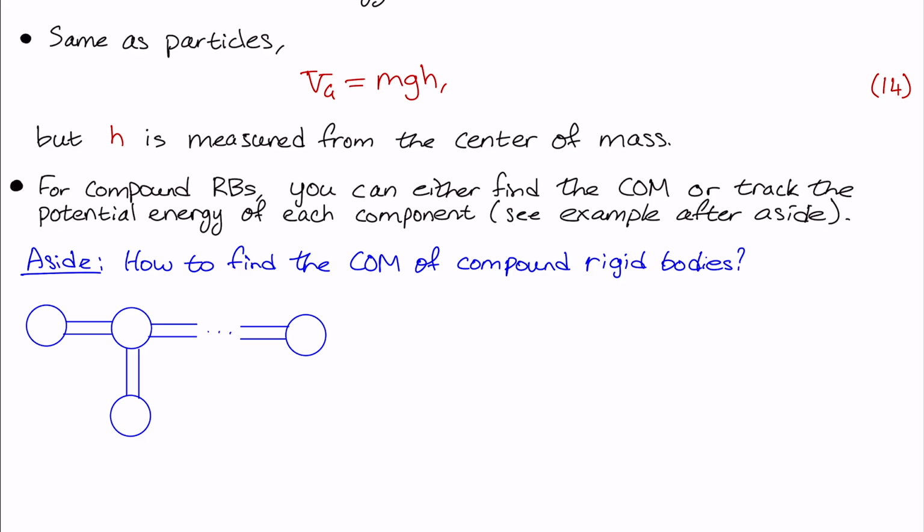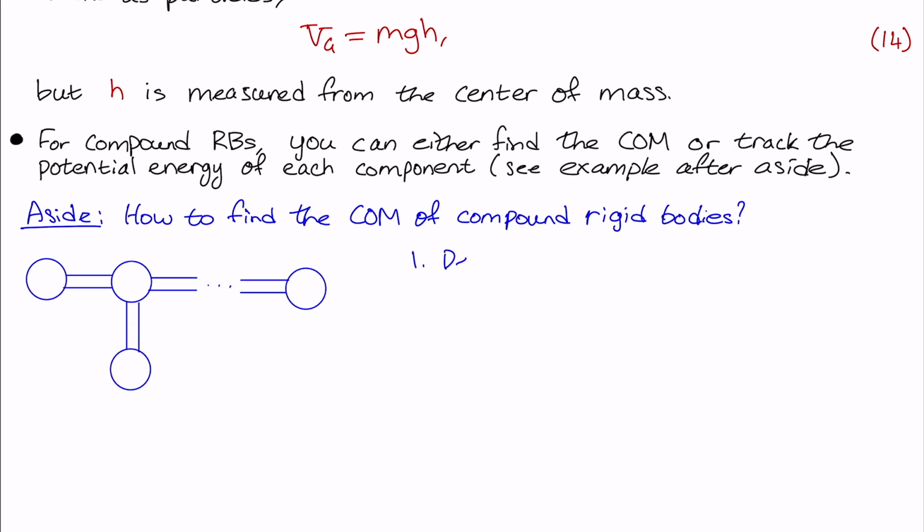Okay, so we're going to go through an aside here about how you find the center of mass if you have some compound rigid body in general. First thing we're going to do is define an origin and a coordinate system. Really, we're choosing an inertial reference frame.